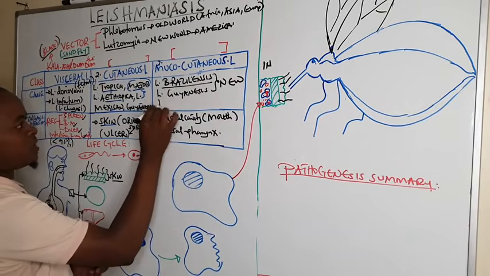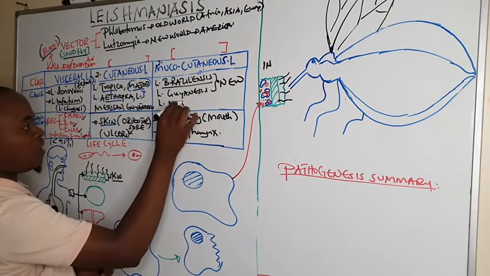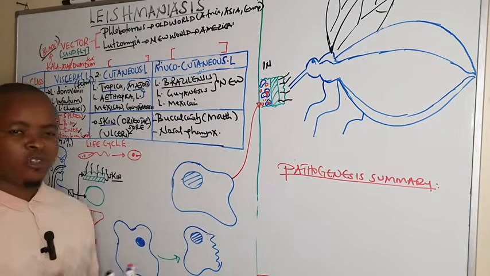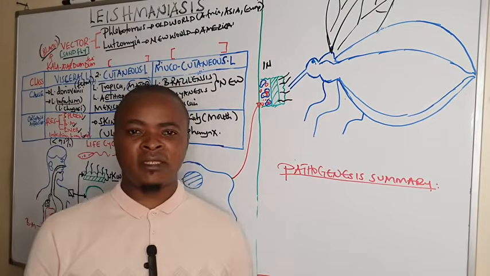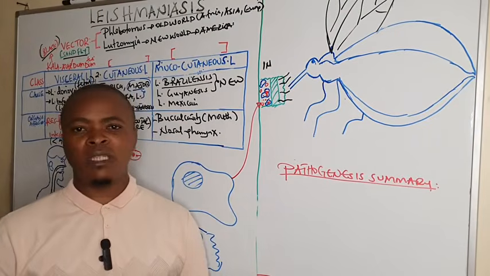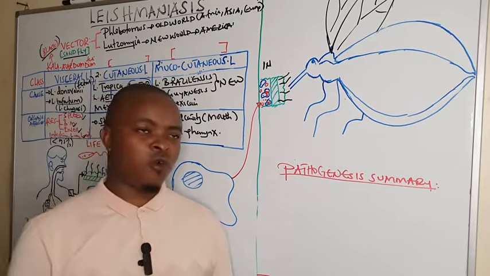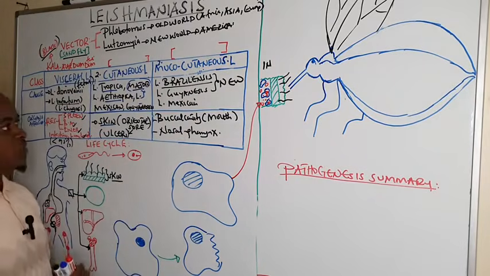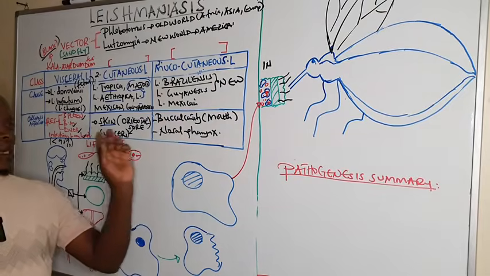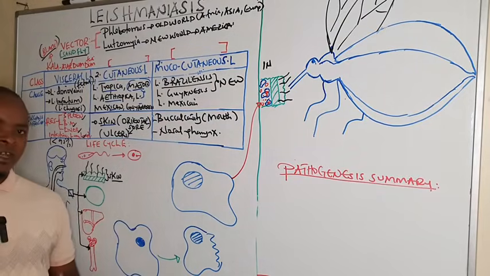To a smaller extent, we can also find mexicana causing this in the New World. So the muco-cutaneous form of leishmaniasis is not common in the Old World, but most common in the New World. That is the cause of muco-cutaneous, which affects the buccal cavity and the nasopharyngeal cavity.